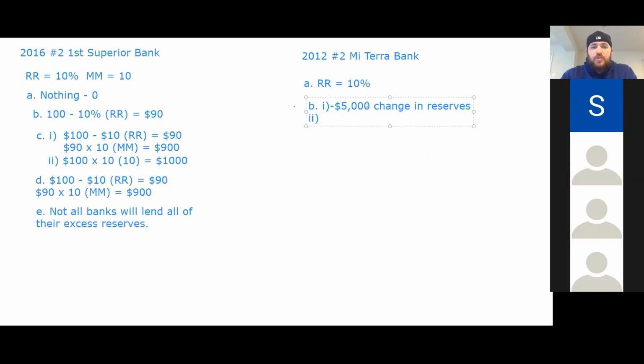Okay, this is a trick question. It's making sure that you understand what the definition of M1 is in terms of classification of currency. In this case, we are going from a checkable deposit to cash. We are just going from M1 to M1. So in this case, there is none. There is no change on the M1 measure of the money supply.